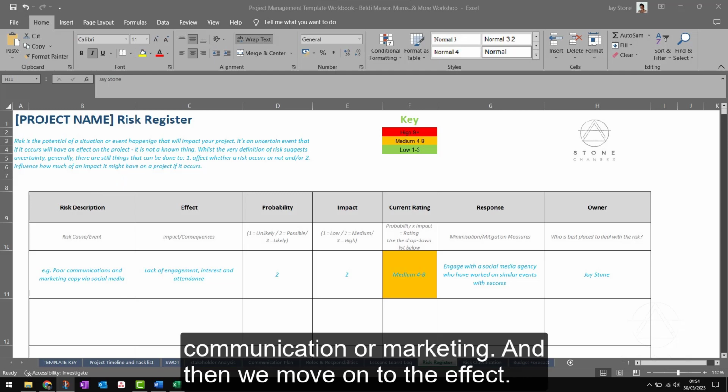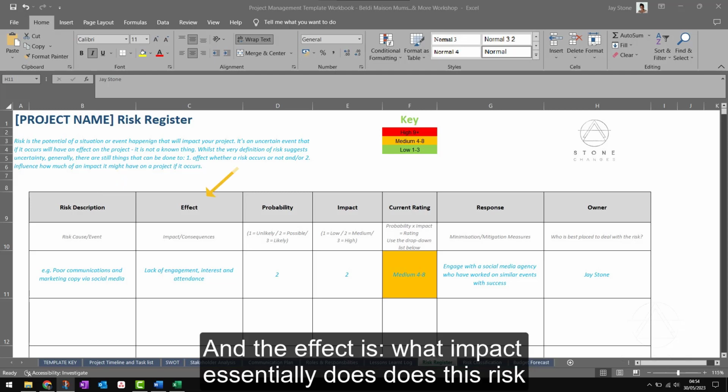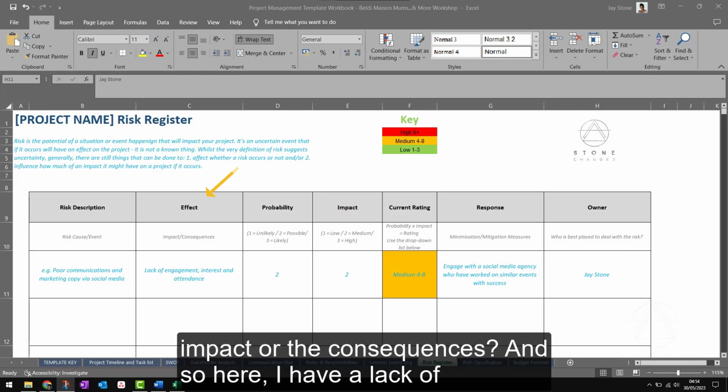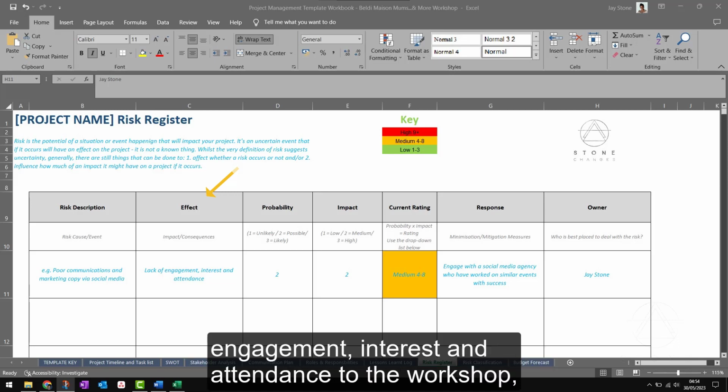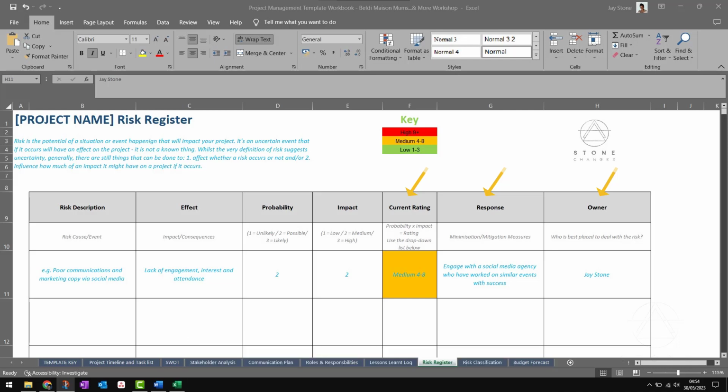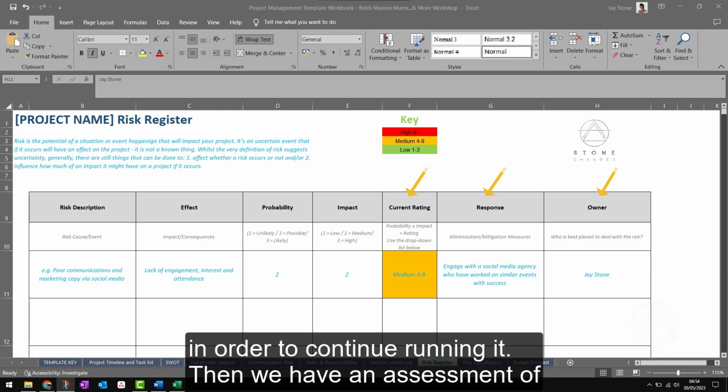And then we move on to the effect. And the effect is, what impact essentially does this risk have if it was to occur? What effect would it have? What's the impact or the consequences? And so here I have a lack of engagement, interest, and attendance to the workshop, which is quite crucial for us because we need people to attend in order to continue running it.